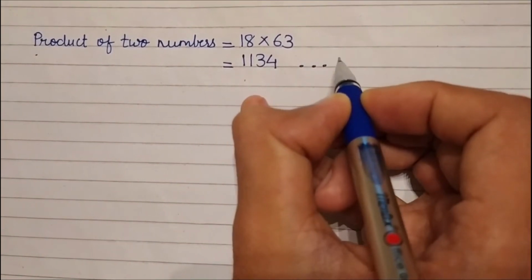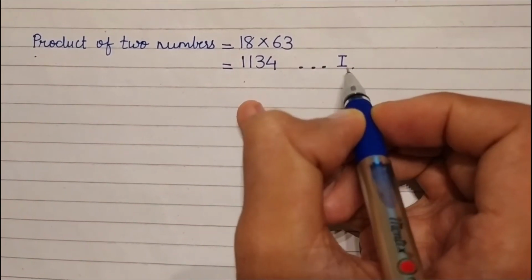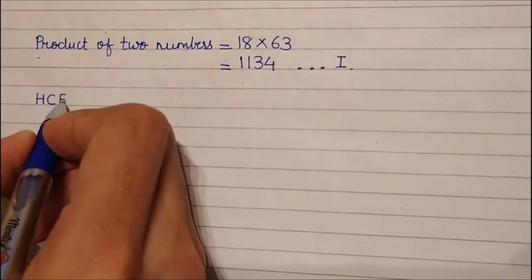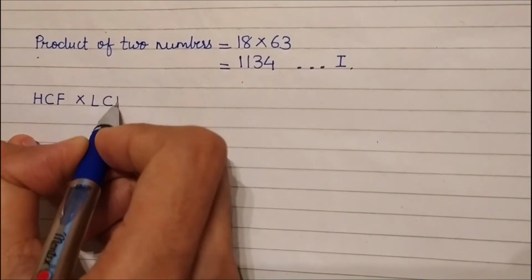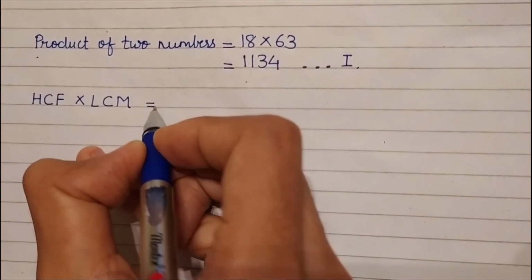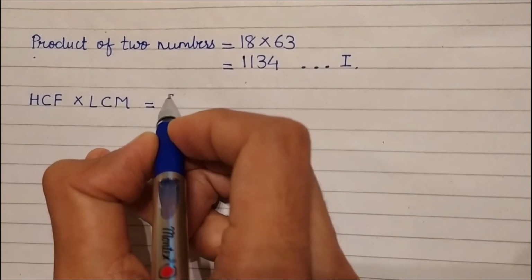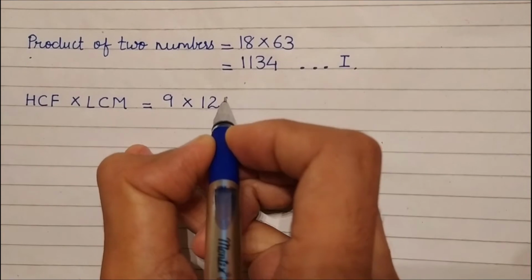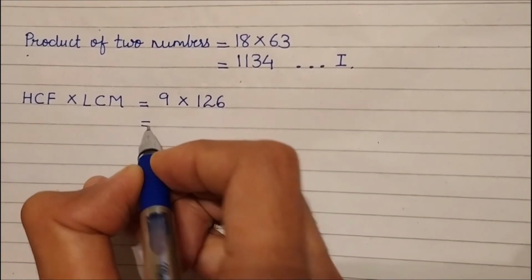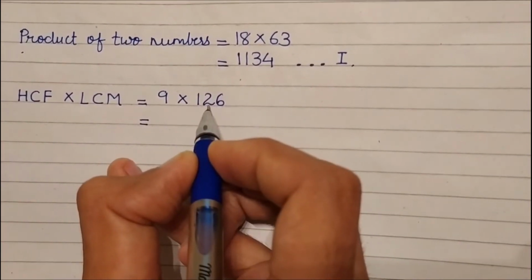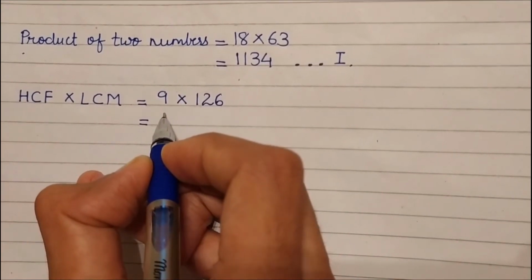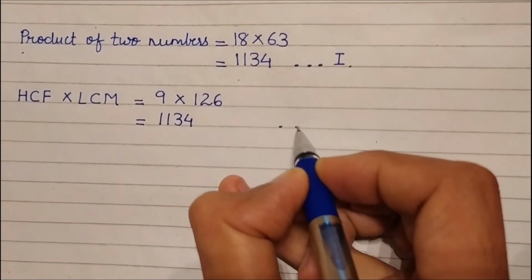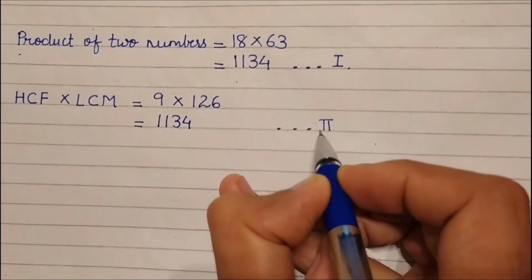Now this can be taken as statement number 1. Now let's find out product of HCF and LCM. Now value of HCF is 9 and LCM is 126. Now 9 into 126 is 1134. This can be taken as statement number 2.